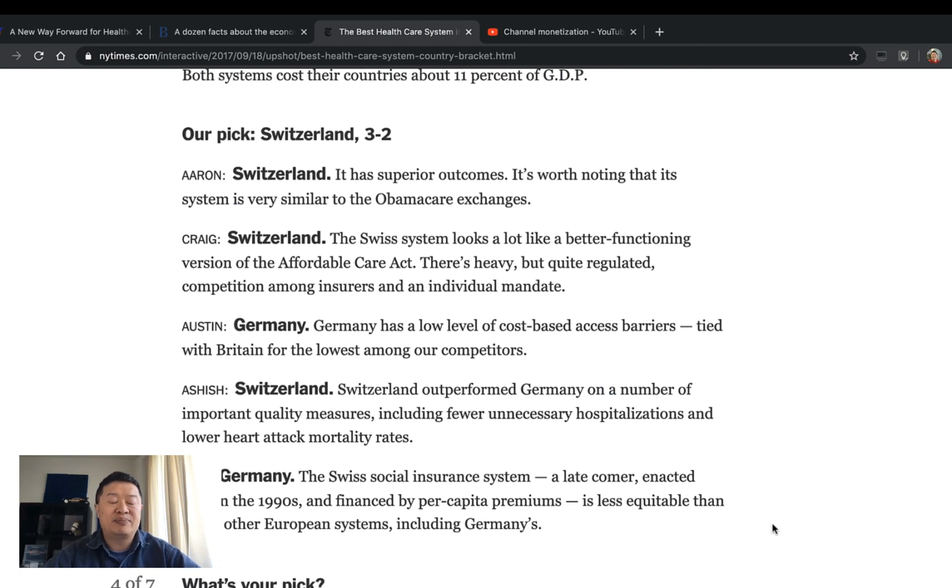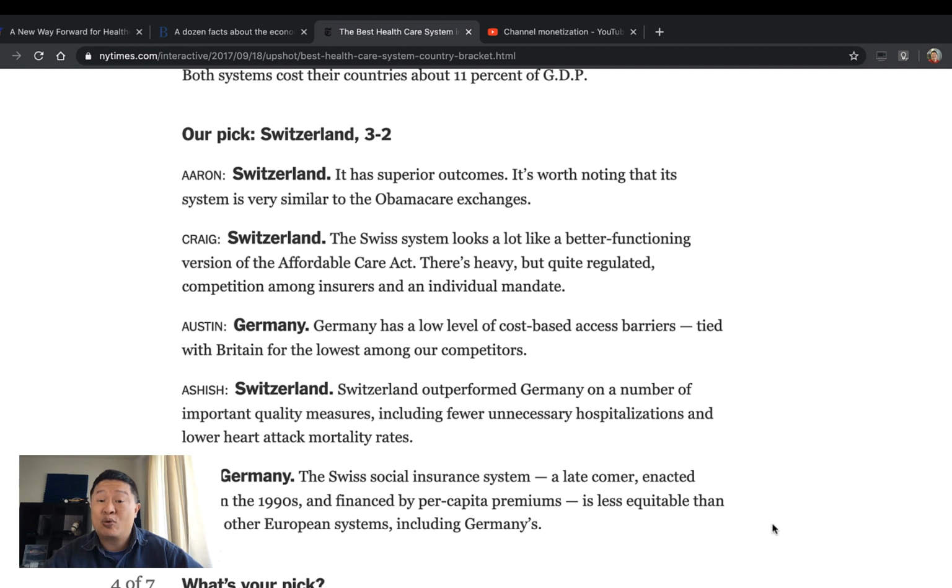Generally, the experts appreciate Switzerland's model. Statistically, it delivers superior outcomes. It has a very similar system to the Obamacare exchanges. Generally, experts are saying the Swiss system is superior to the German one, partly because it just has superior outcomes. It's worth noting that one of the hallmarks of the Swiss system is basically something very similar to the Obamacare exchanges.